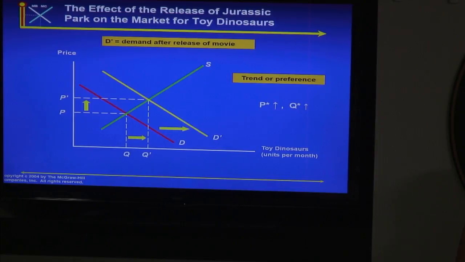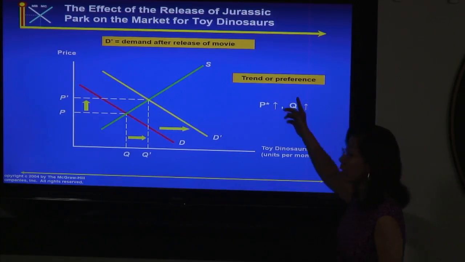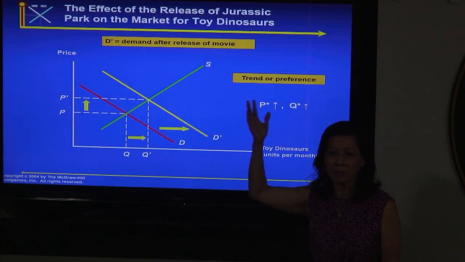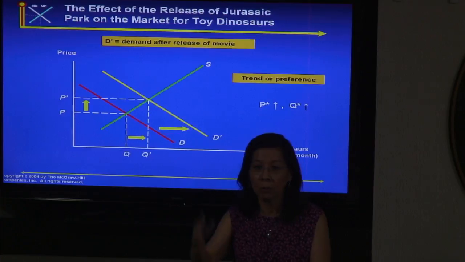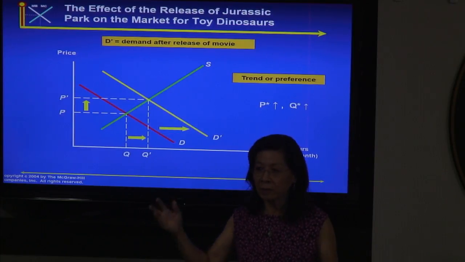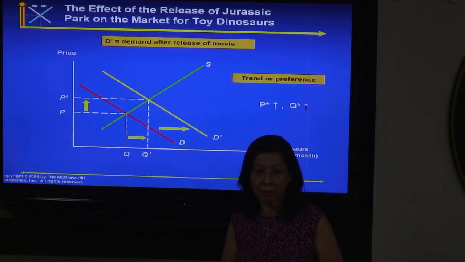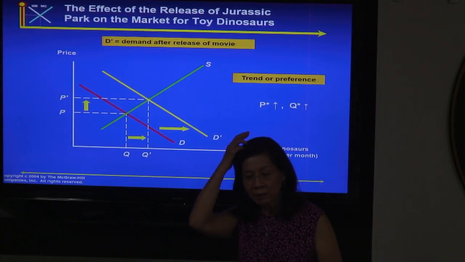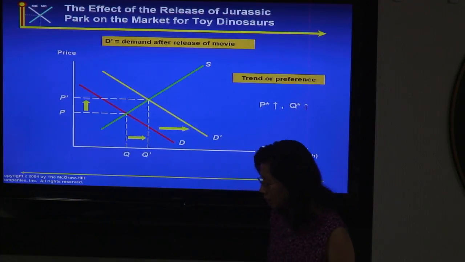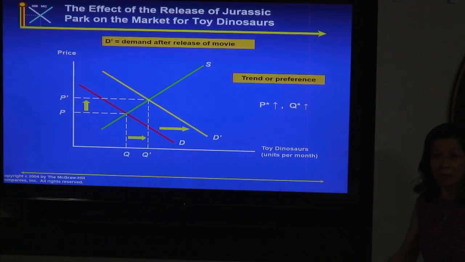Now what do we call this? We call this trend or preference. One of my favorite examples is Obama came on TV and said, Levi jeans are so wonderful. And then suddenly the next day everybody lined up buying Levi jeans. And then 3 days later he said, I take my word back, these Levi jeans are awful. I washed them, all the color comes out.